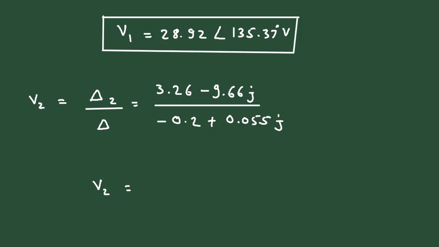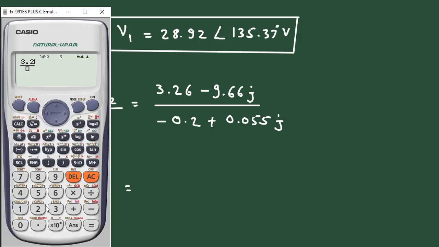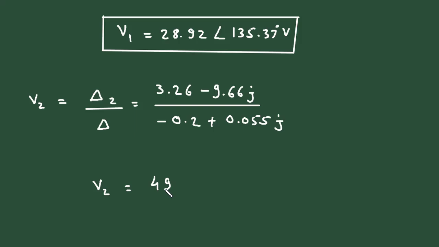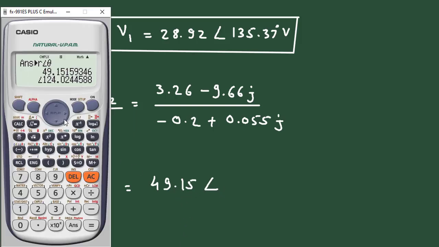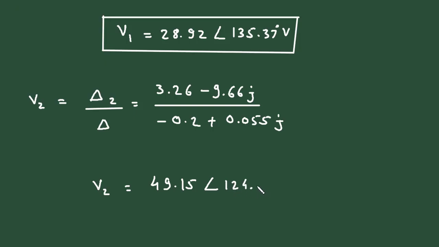So V2 is equal to, let's solve this, 3.26 minus 9.66 into J divided by minus 0.2 plus 0.055 into J. Now it is equal to this much, shift to 3, so it is 49.15 at an angle 124.02 degree volt. So this is the answer for V2.